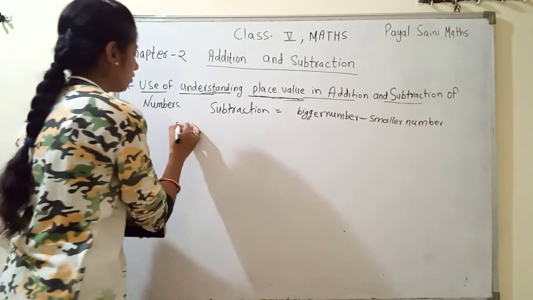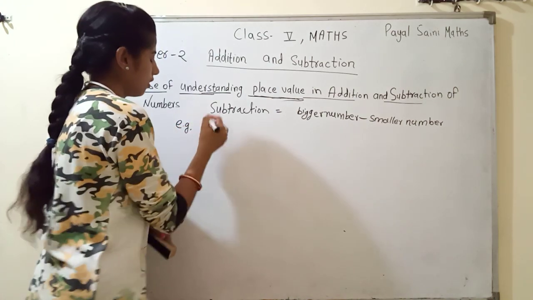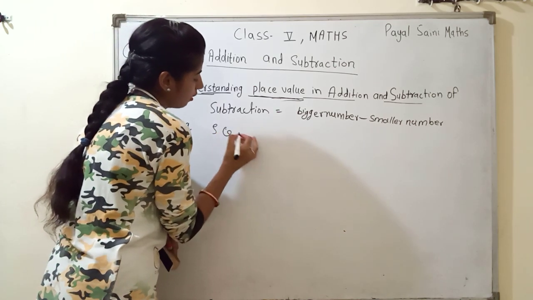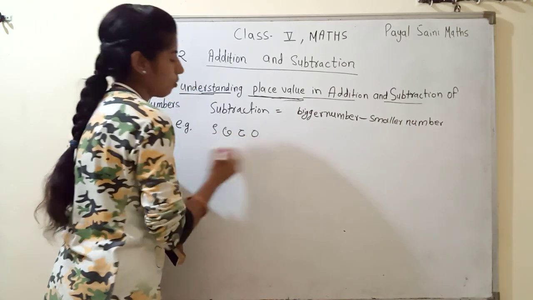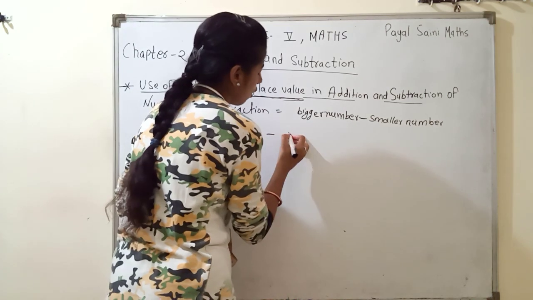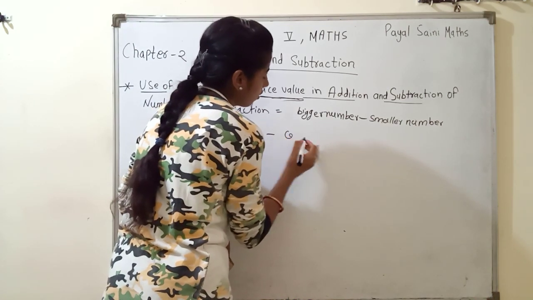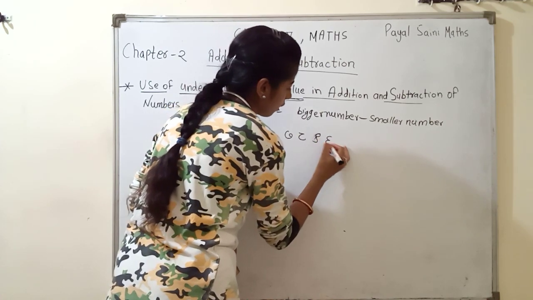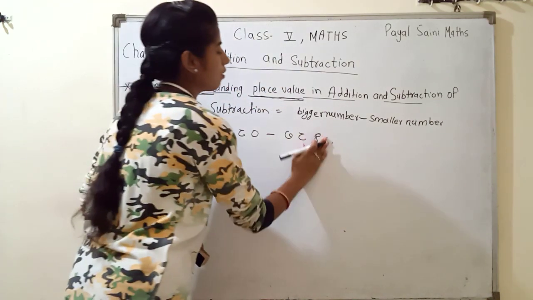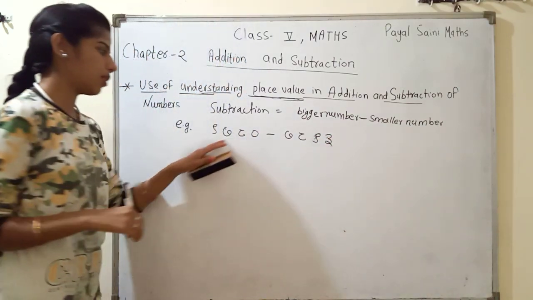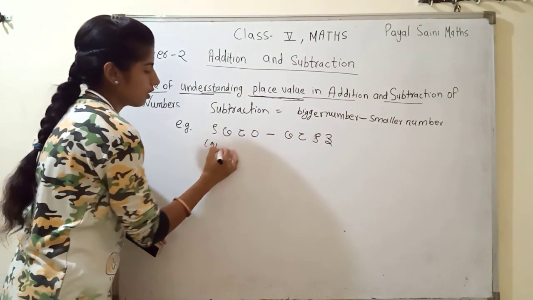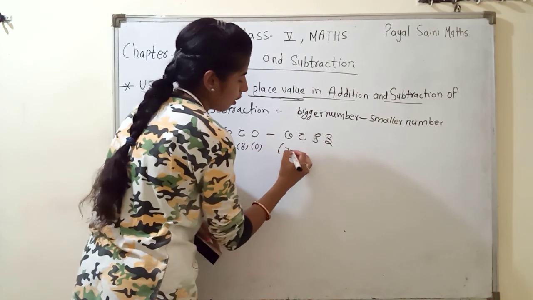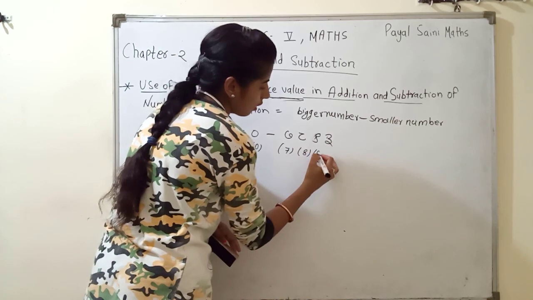For example, I write here 9, 7, 8, 0 minus 7, 8, 9, 3.